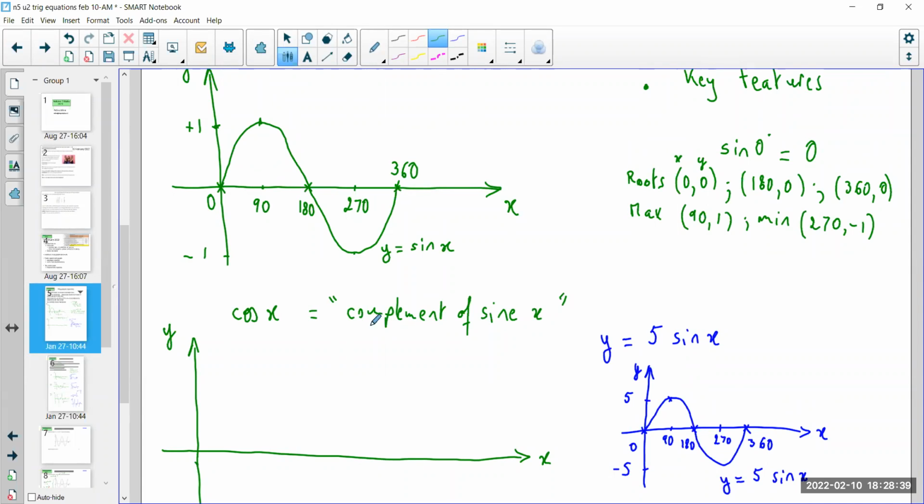If you remember, or maybe you might not remember, what do we call complementary angles? What are complementary angles?